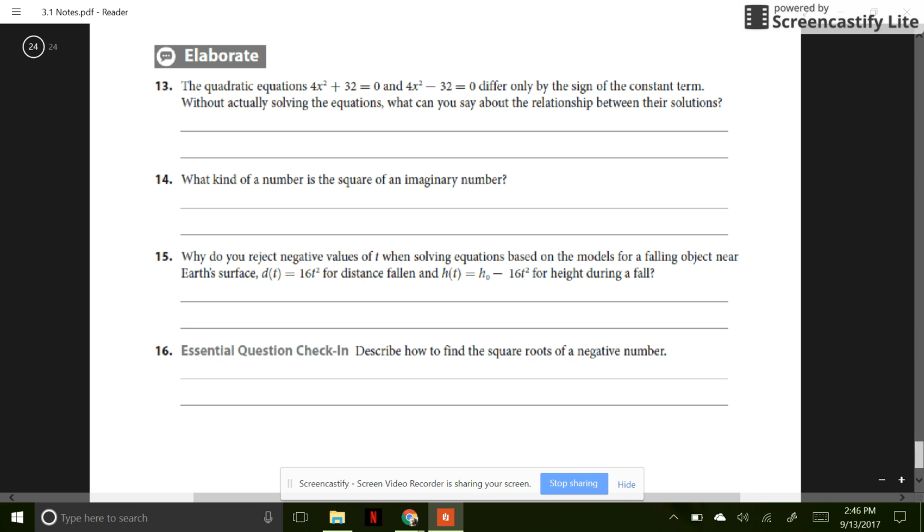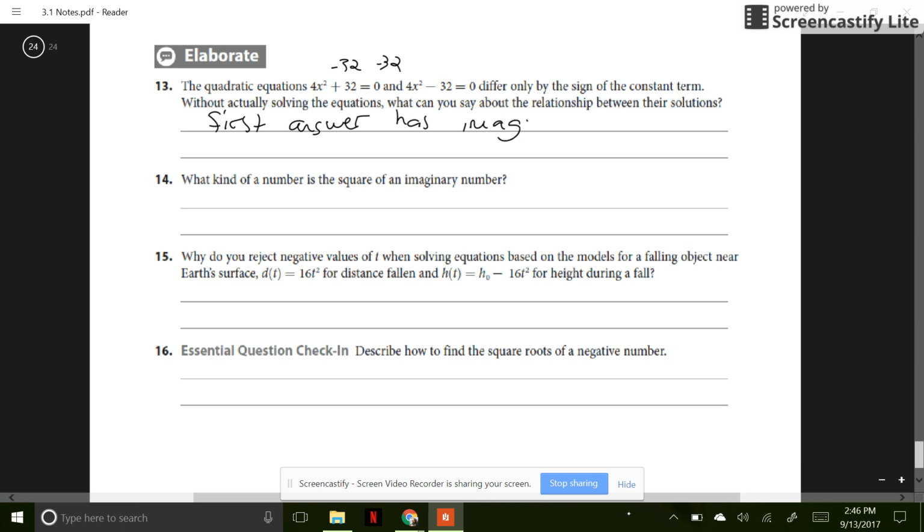The quadratic equations 4x squared plus 32 equals 0 and 4x squared minus 32 equals 0 differ only by the sign of the constant term. Without actually solving the equations, what can you say about the relationship in their solutions? The first one will have imaginary solutions, because when you subtract the 32, you'll end up with a negative 32 on the other side.